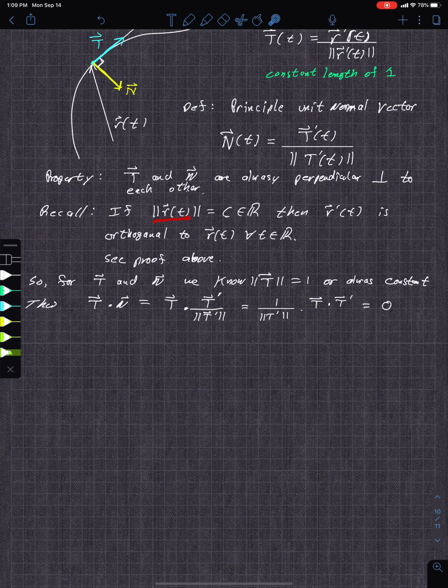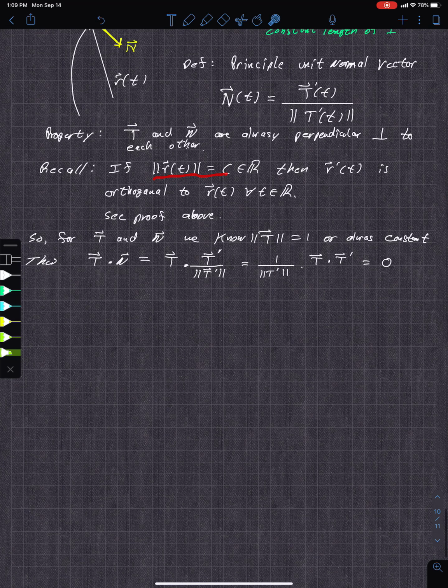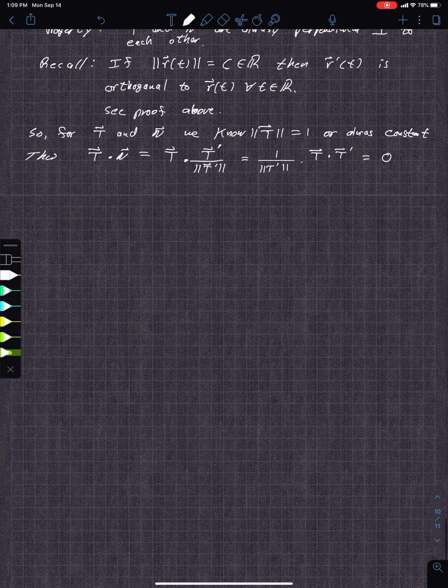If you have constant length, which you do for t, the magnitude of t is always 1, so this is always going to be 0. I didn't explain that too well, but think about it. It's not that bad. You'll get it.